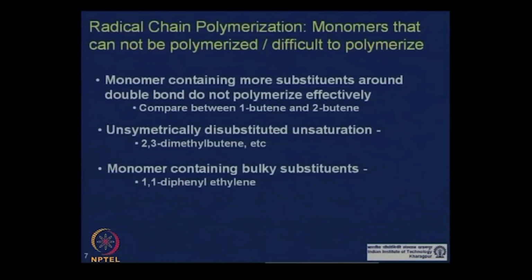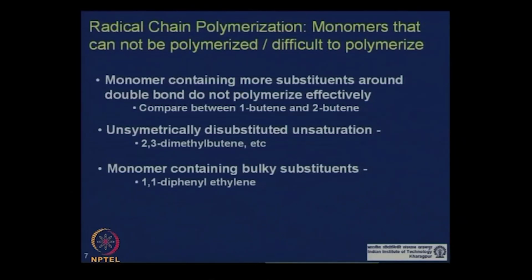For example, if you compare 1 butene and 2 butene, it is easier to polymerize 1 butene than 2 butene. And if the substitution is bulky, like 1,1 diphenyl ethylene, then it is very difficult to polymerize, and if you have tri substituted or tetra substituted, then also it is very difficult to polymerize.